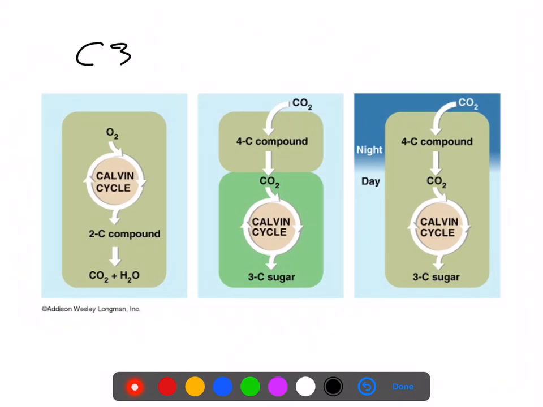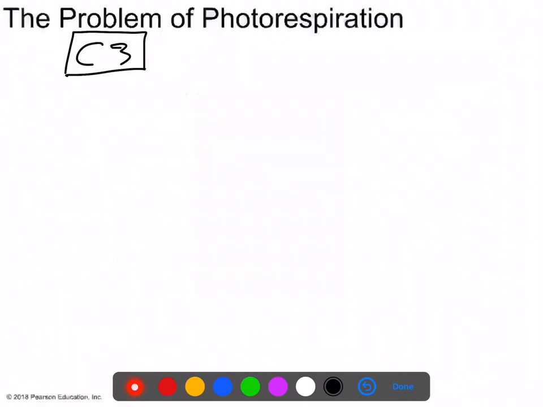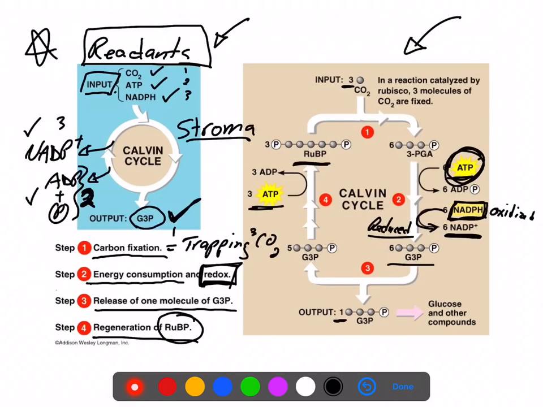All right, so first, what are the types of plants that have issues of photorespiration? They're called C3 plants. Why do we call them C3 plants? Because when they trap CO2, the first thing that is produced is a 3-carbon molecule.